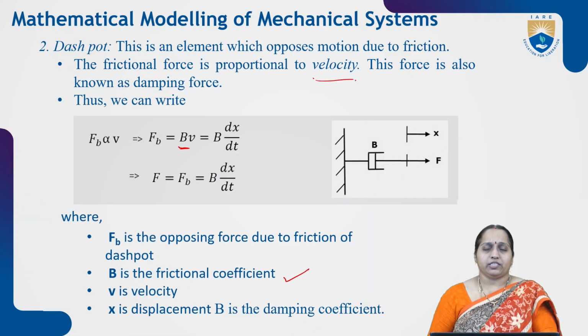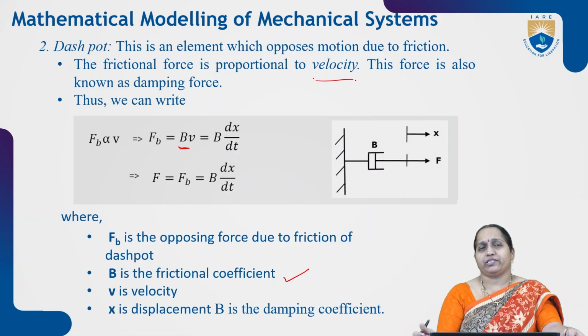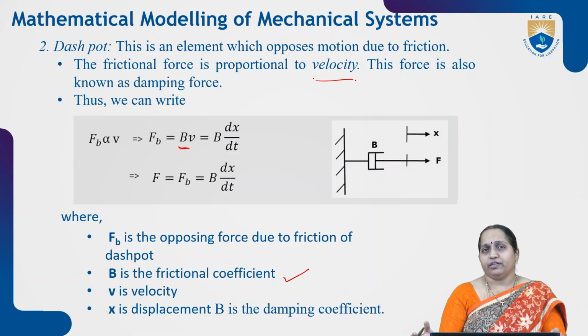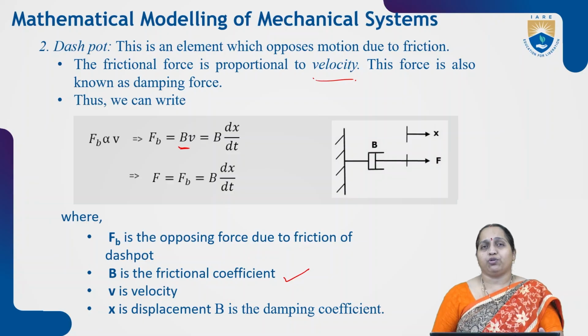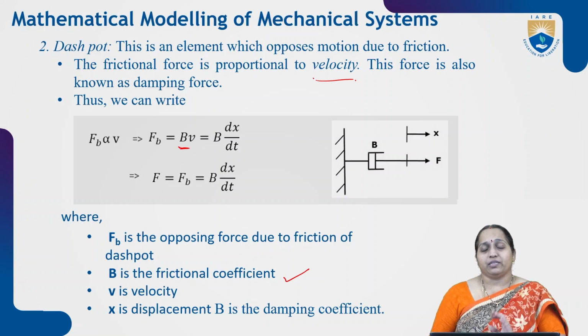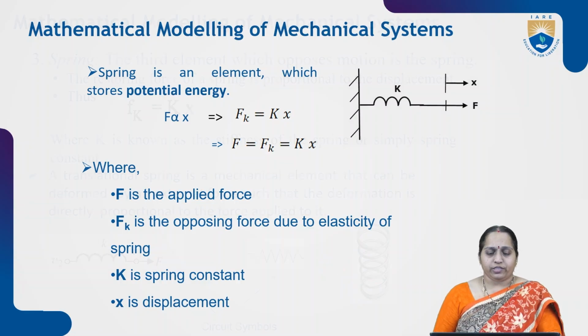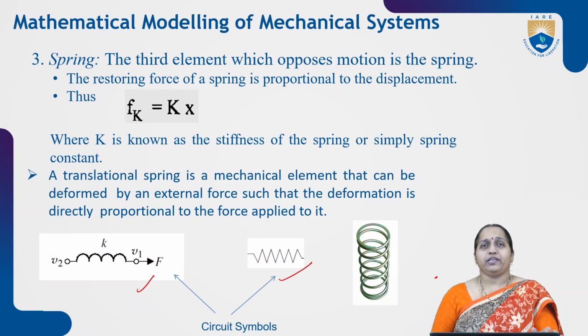For Fm you write mass into acceleration. For the dashpot it is B into V, where B is called the frictional coefficient, and in case of the spring it is called the spring constant, or also the stiffness of the spring.